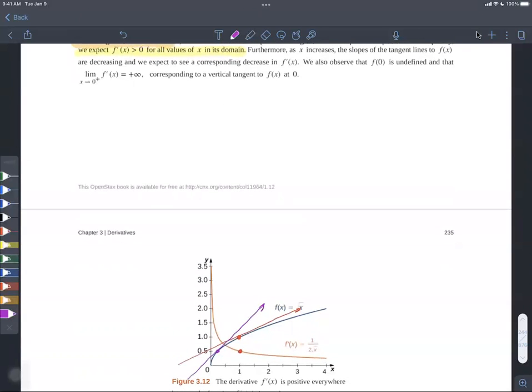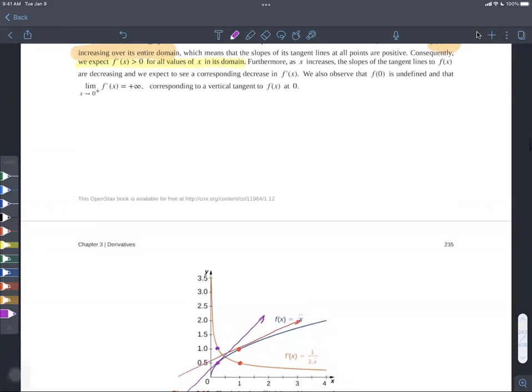This function is increasing faster in the beginning. So the derivative function should have a larger value for this x value. And we see that that's true. The derivative function has roughly a value of 1 there, which is a larger value than it has at x equals 1. Hopefully you see that relationship.